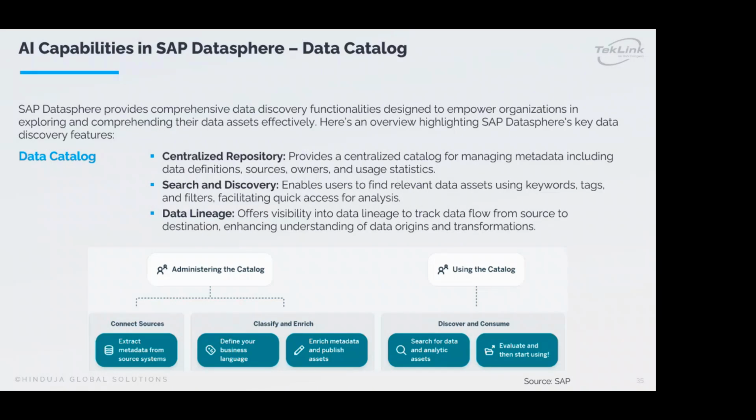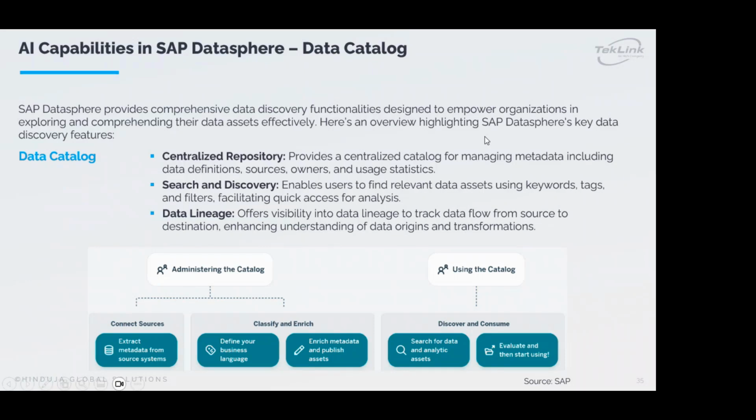One of them is the data catalog. The data catalog addresses the metadata aspect of DataSphere. Particularly, the AI capabilities in the data catalog allow users, whether developers or others, to explore the existing metadata with natural language questions or business-friendly questions.